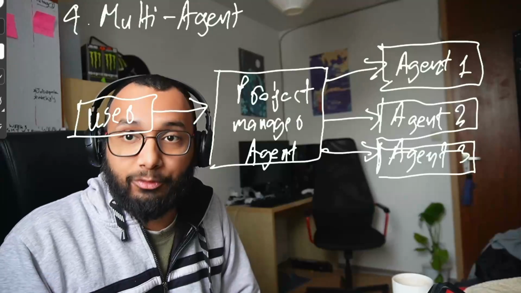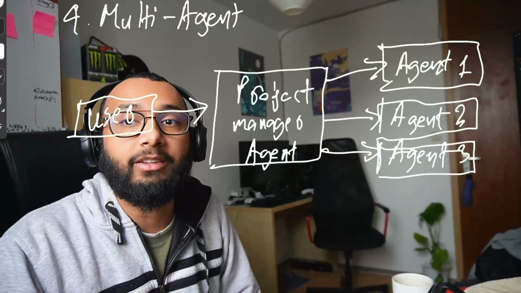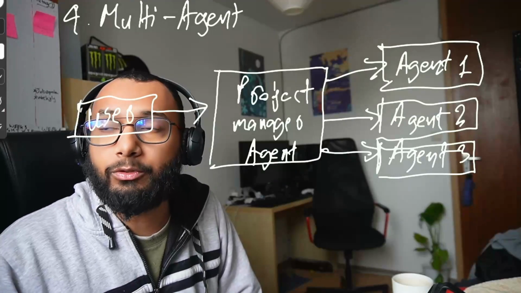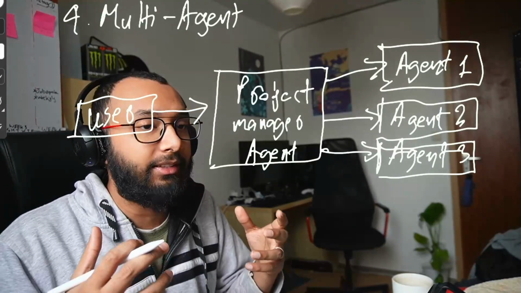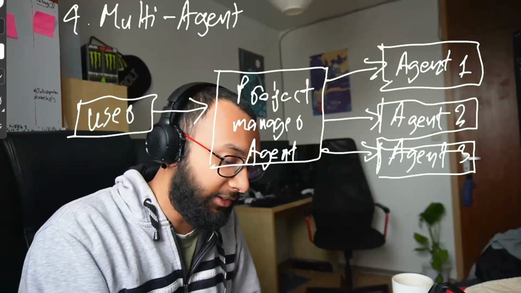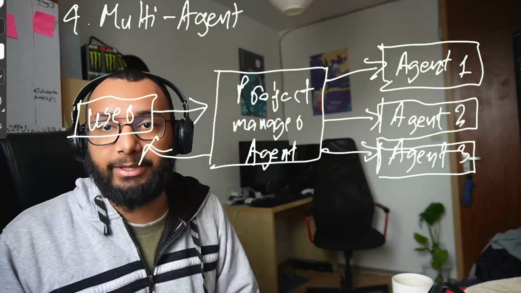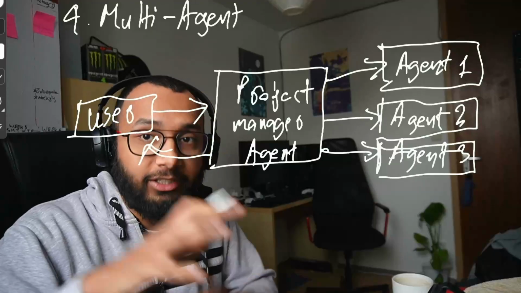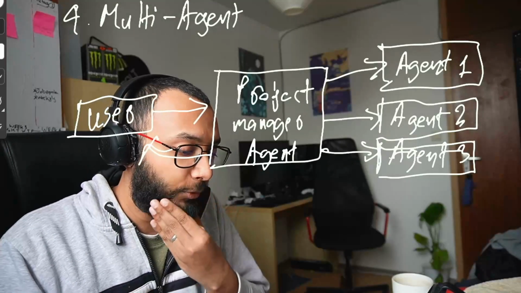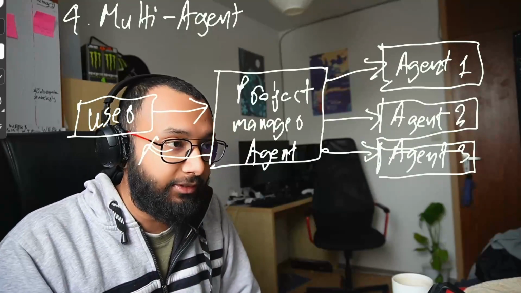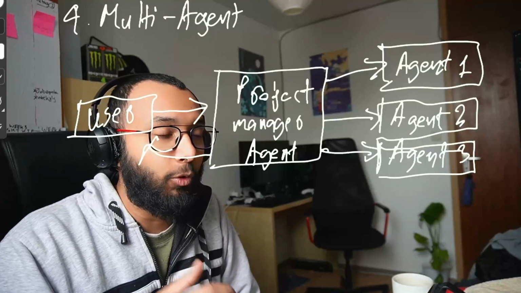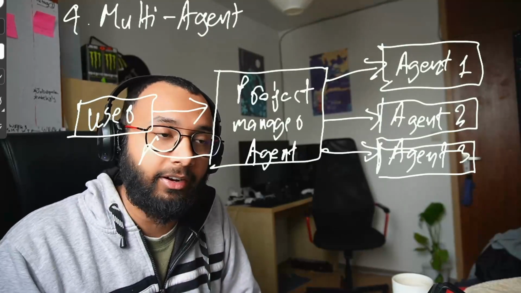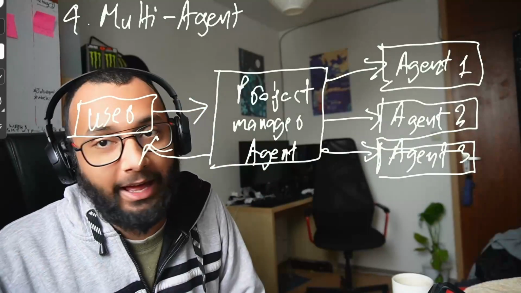If it needs more work, it can give it back to the agent with some proper prompting to correct it. And when it has the perfect completion of the task, it can return to the user with the task completed. So this is a multi-agent pattern with a supervisory agent. This is the most sophisticated, in my opinion, and it is more fun to use and also to make.